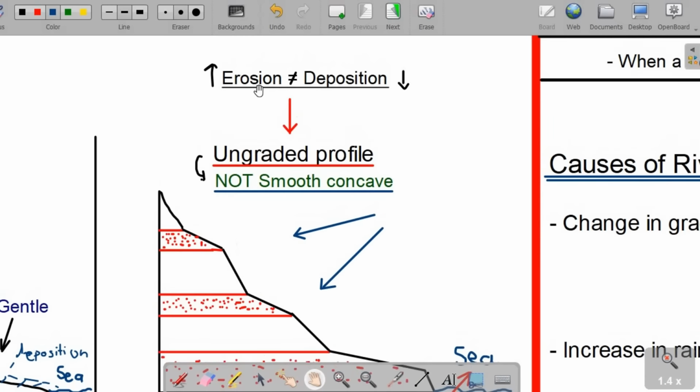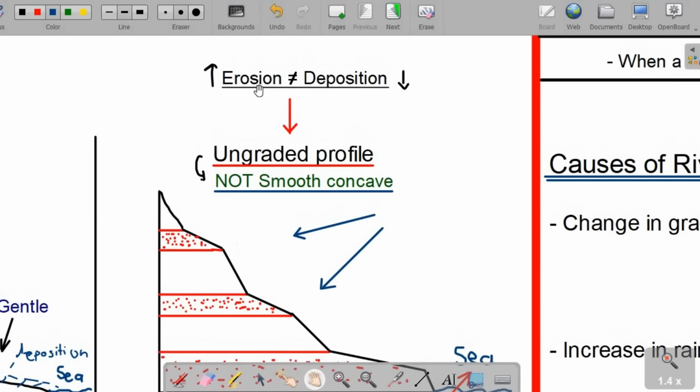It is not smooth concave. So if I were to draw a smooth concave profile right under that, it would be something like that. That would be a smooth concave profile, right? But this is not a smooth concave profile.